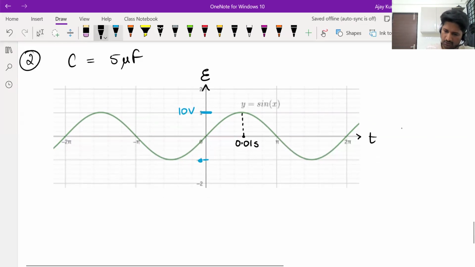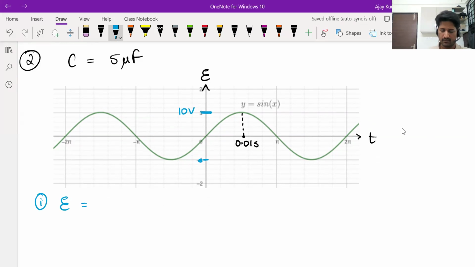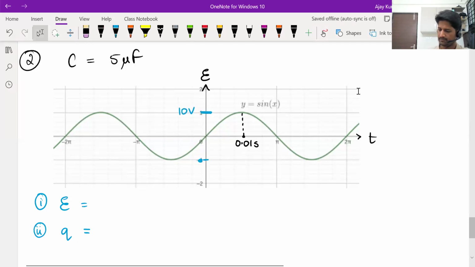First thing I want you all to do is write the EMF function from this graph. Next, you know capacitance, and once you write the function, you know the EMF. Then write the charge on the capacitor as a function of time. Okay, solve this much.